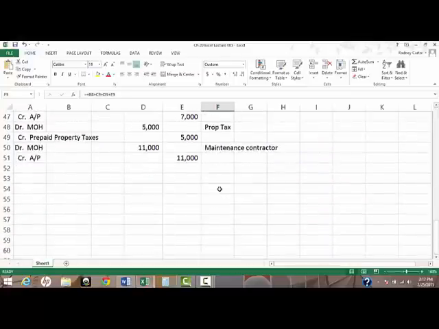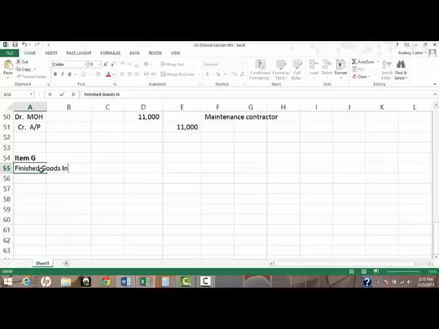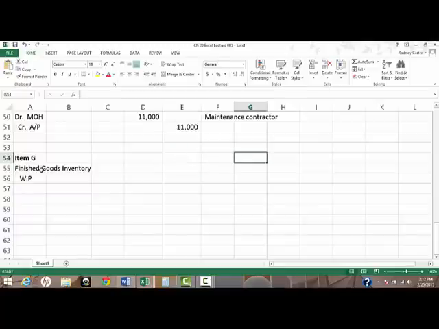So, what we need to do here for item G is move the WIP to finished goods inventory for both of our jobs by taking the total cost of the job.